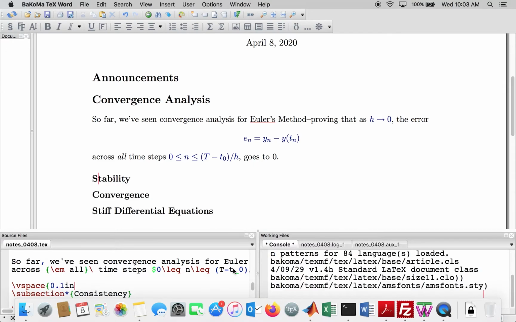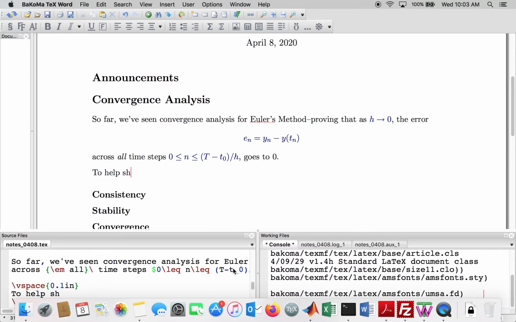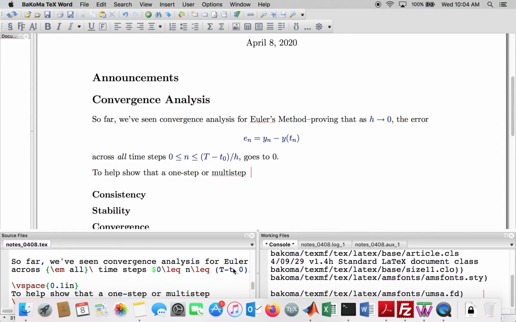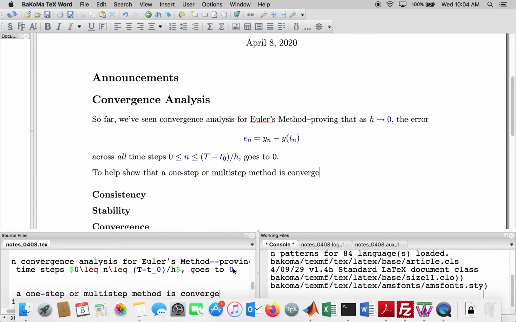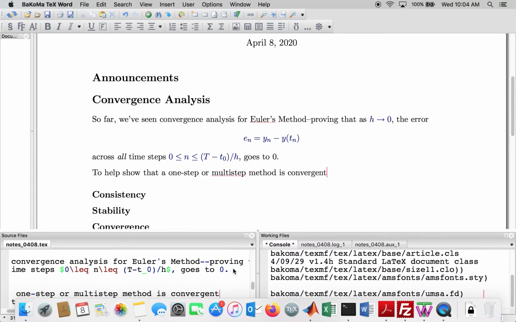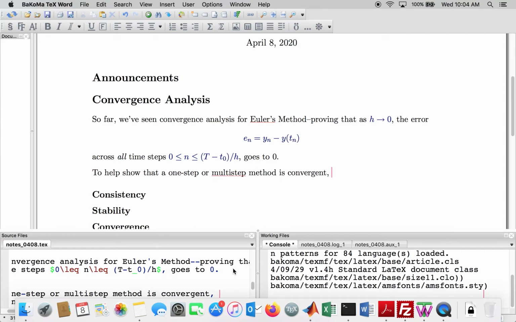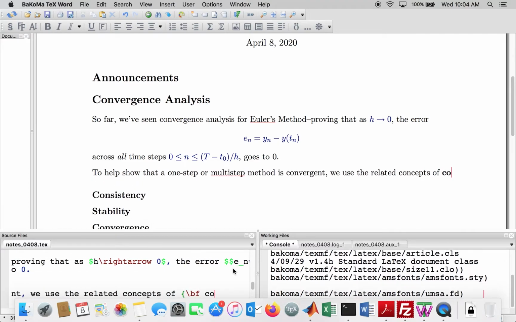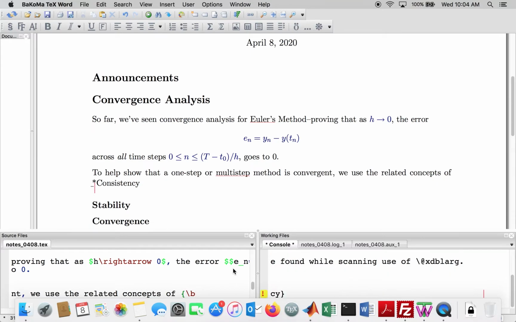So to help show that either a one-step or a multi-step method, and we'll consider both of these but separately, is convergent, we use these related concepts. I'll start a bulleted list here.